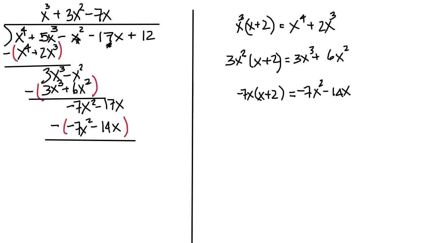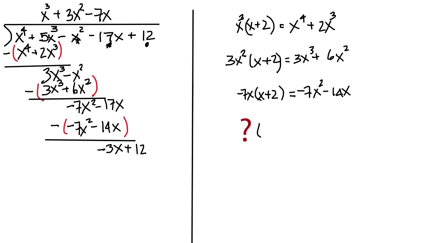We're going to subtract: negative 7x squared minus negative 7x squared is 0. Then we have negative 17x plus 14x, so we have negative 3x. And now we're going to bring down the 12.